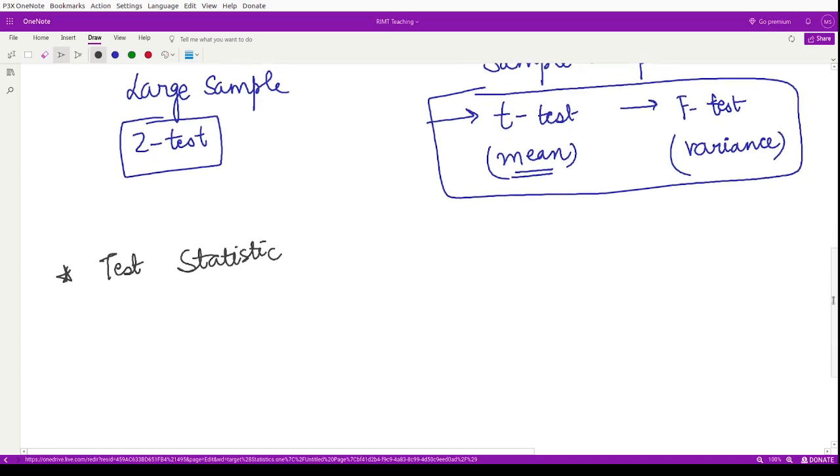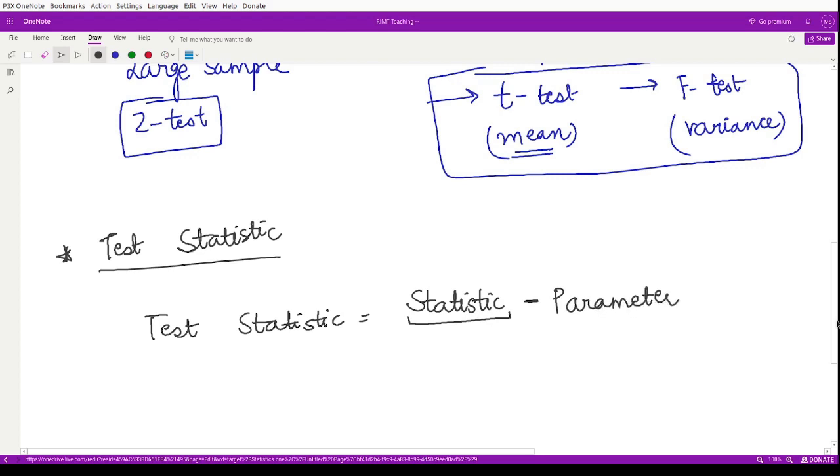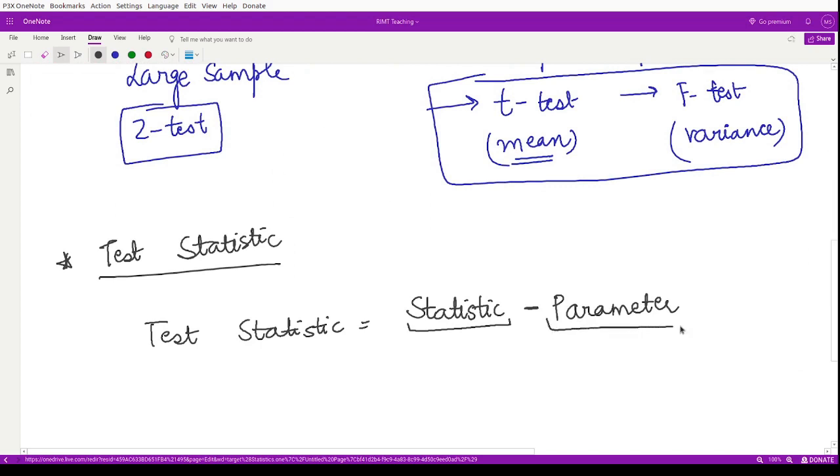This is different for different tests, but we have a general formula: test statistic equals statistic minus parameter, divided by standard error. Statistic means whatever parameter you are testing, either mean or variance, taken from the sample, minus the same variable, either mean or standard deviation, from the population, which is known as the parameter.